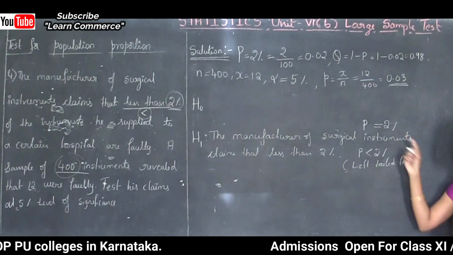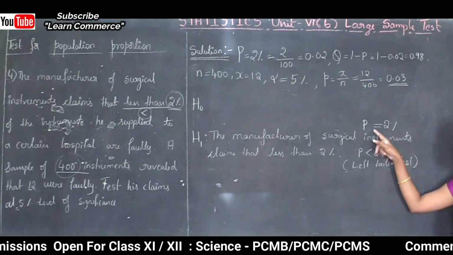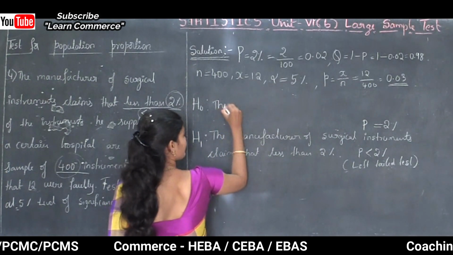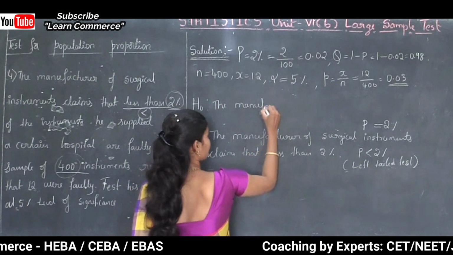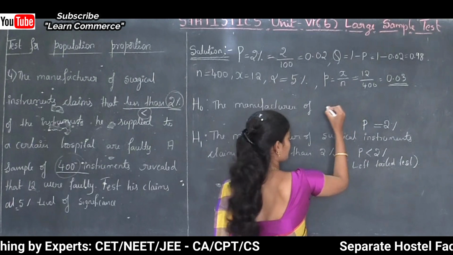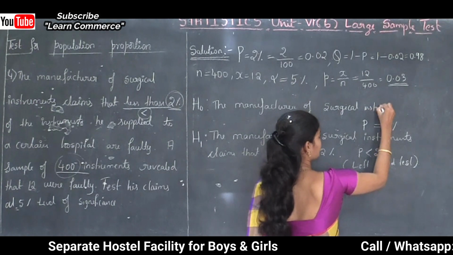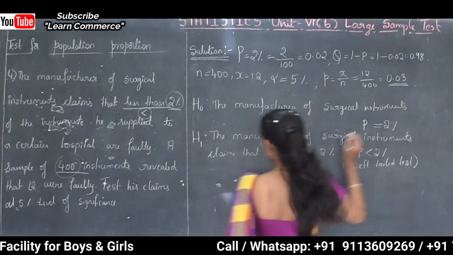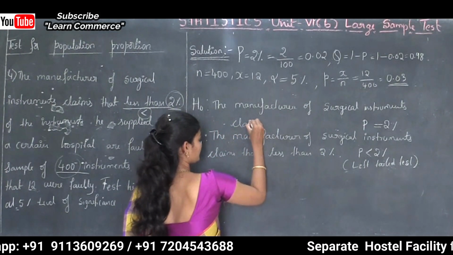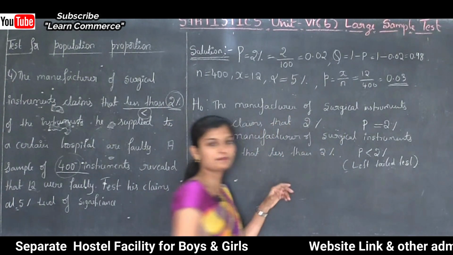When P is equal to 2%, the manufacturer of surgical instruments claims that 2%. That is P is equal to 2%.